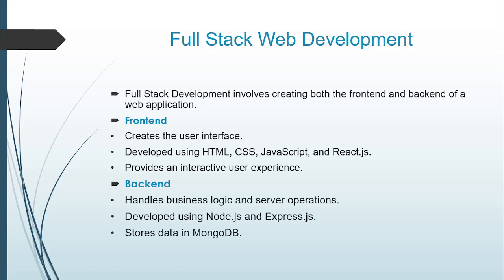So now let us understand what full stack web development means. Full stack development involves both the front end and back end of a web application. The front end is the part that users interact with. It is developed using HTML, CSS, JavaScript, and React.js.